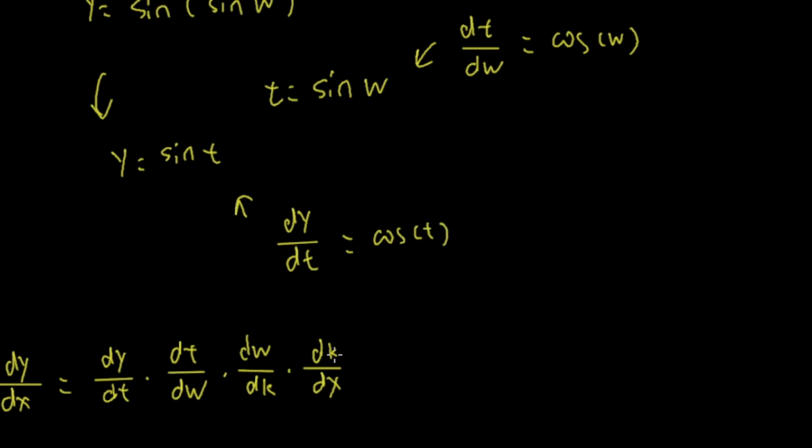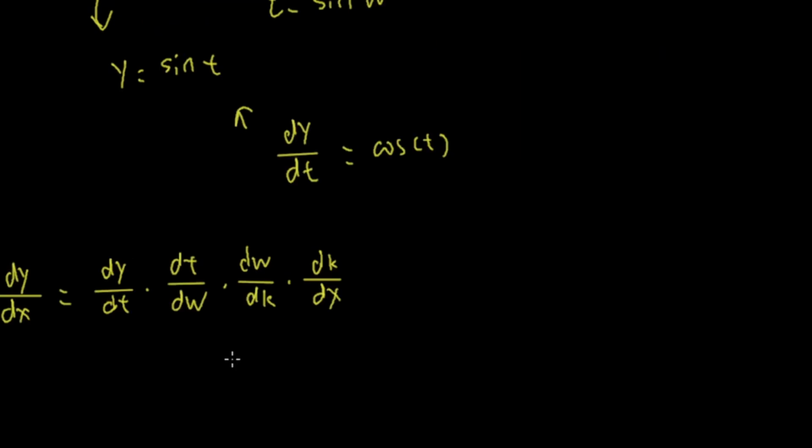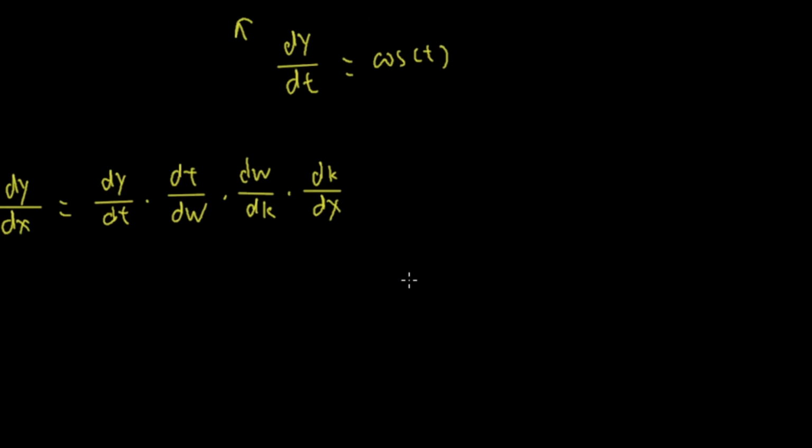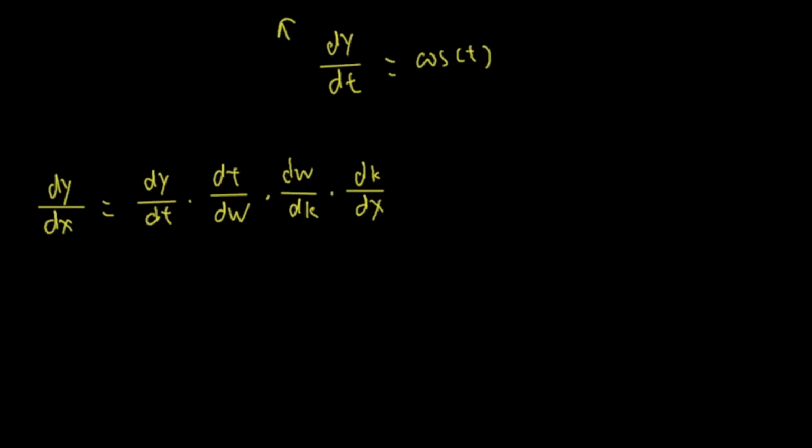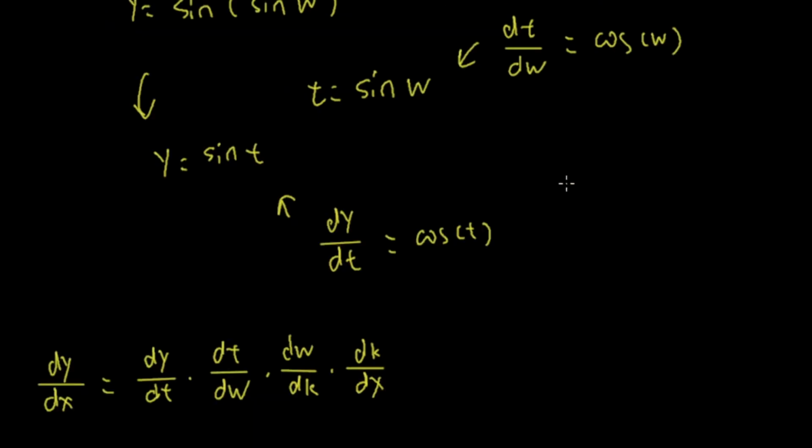Now, multiply them all together. So dy over dx is here. Dy over dt is cosine t. Dt over dw is cosine w.